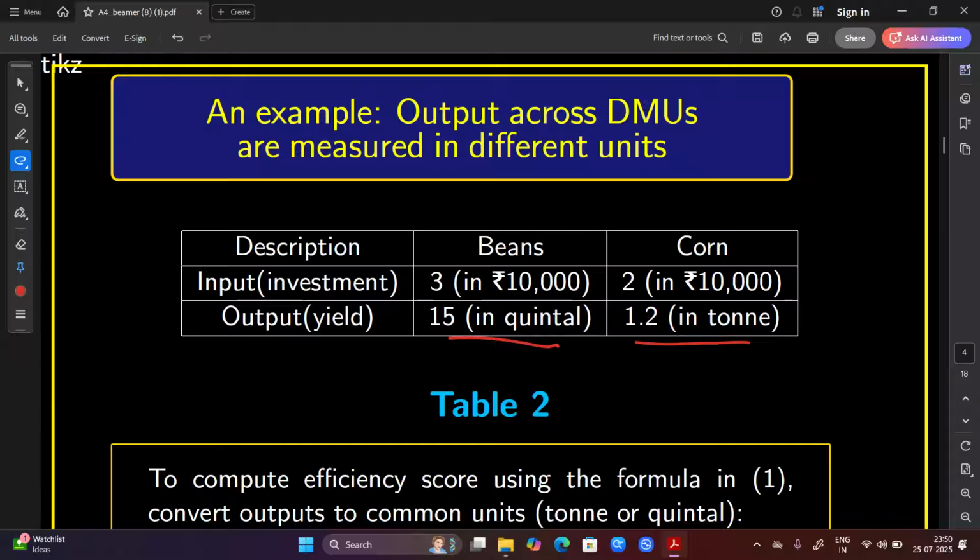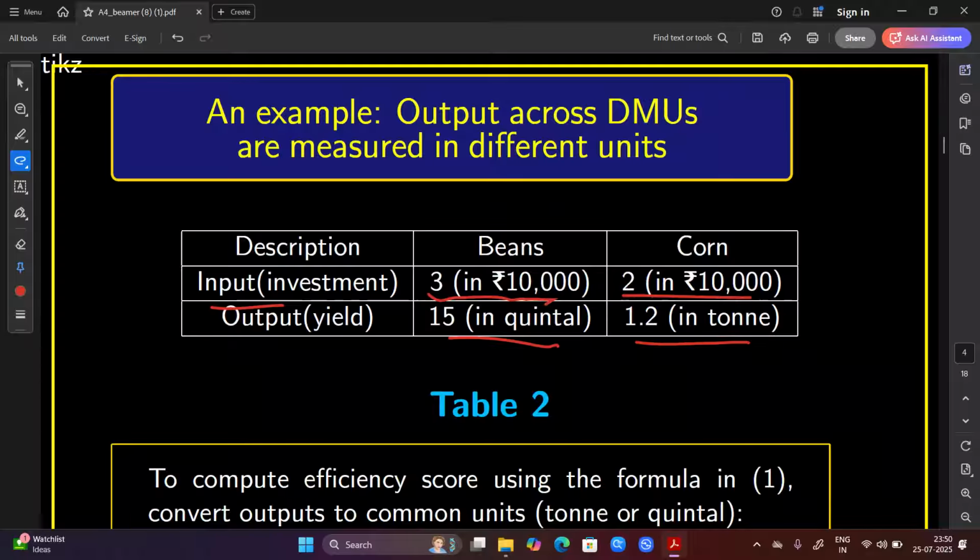First you have to convert into the same unit. After that you have to apply the efficiency formula. Compared to the input, here 3 units, the type is currency, unit is 10,000, and the input for corn is 2 units, the type is currency and the unit is 10,000.